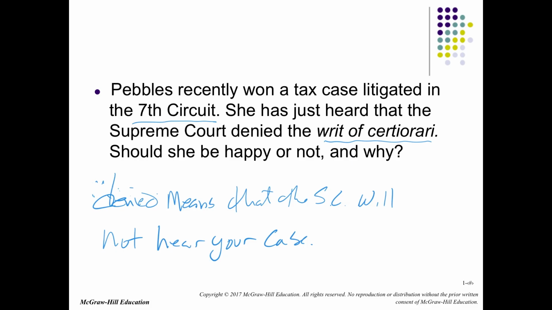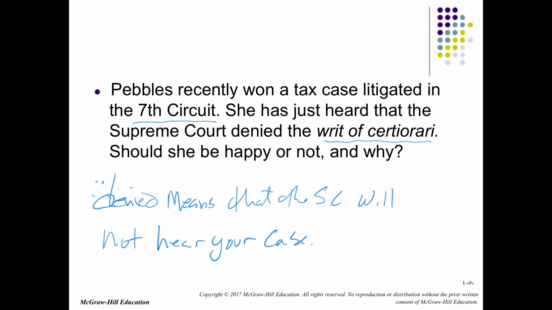If the Supreme Court had issued a writ of certiorari, that would mean they were going to hear that case, and the IRS was going to get to have the Supreme Court decide that case.